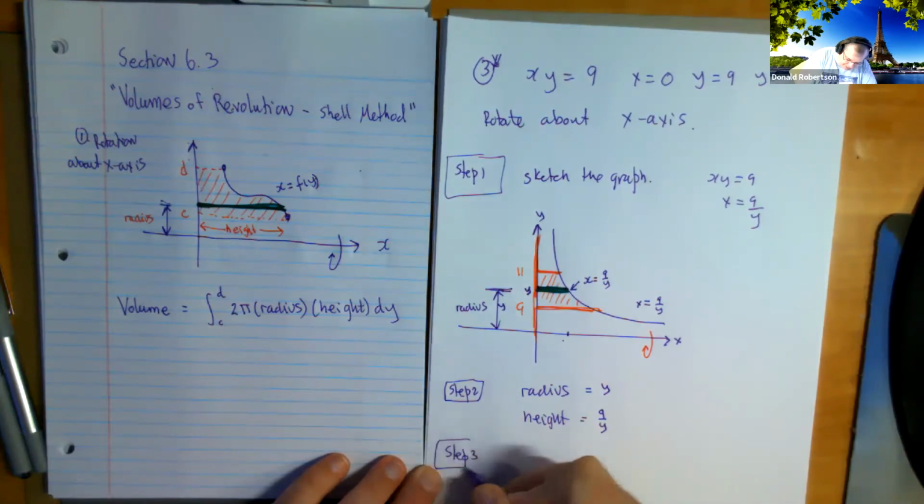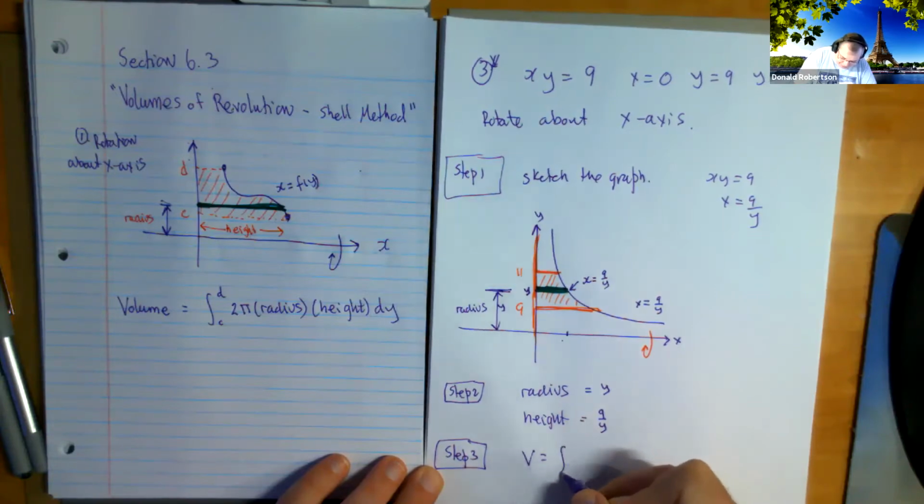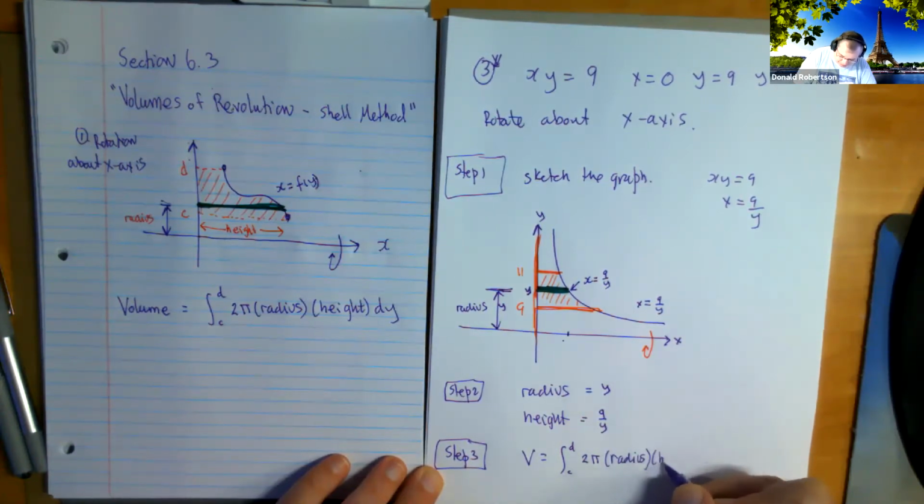Step 3, get the answer. So the volume is the integral from c to d, 2 pi radius, height, dy.